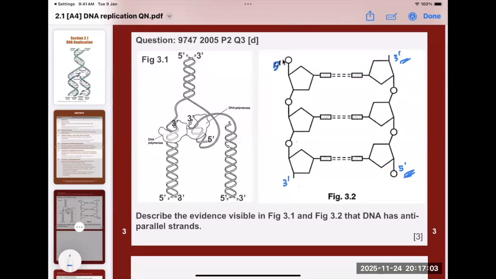You look at the nitrogenous base or the sugar or the phosphate. The sugar. So what is there in the sugar to tell you that it is in the opposite direction?